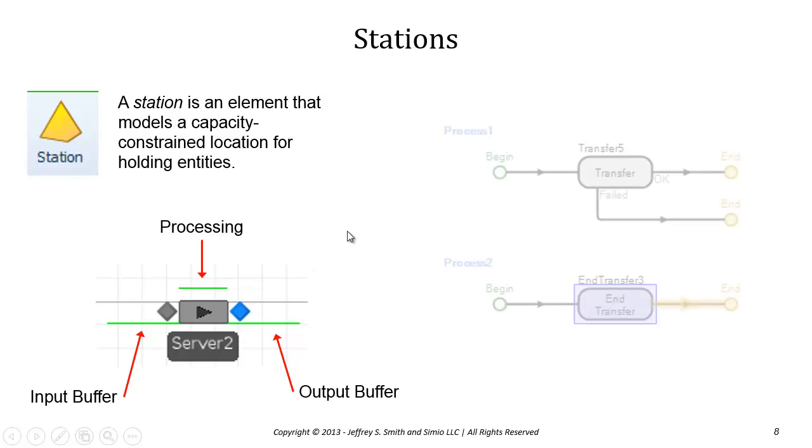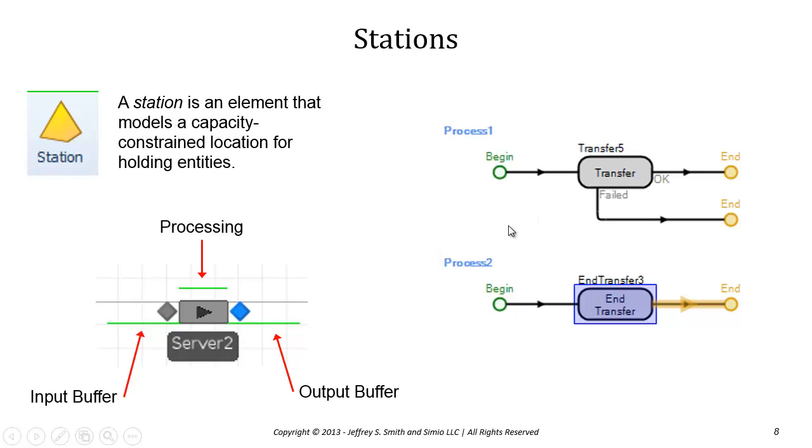In using stations, there are two things we have to keep in mind. We can use a transfer step to transfer an entity from its current location into a station, and then we use an end transfer step to signify the end of the transfer from one station to another.